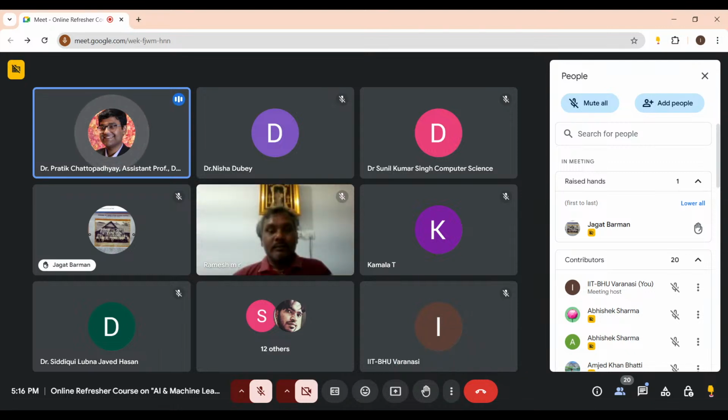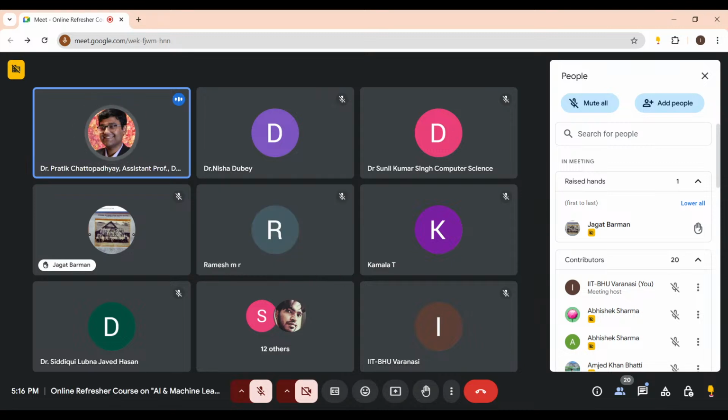So in roulette wheel, what we do, we basically find the fitness values of each member of the population.